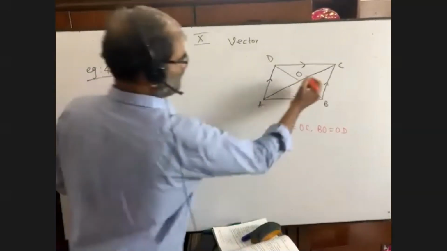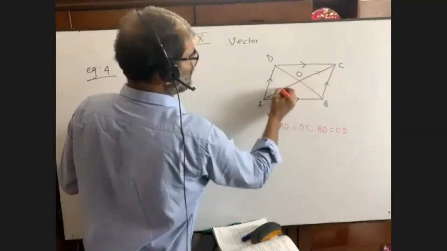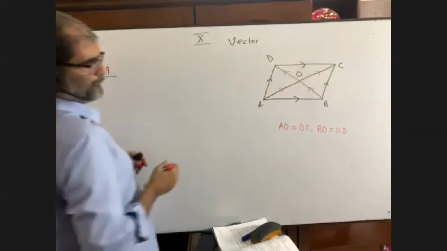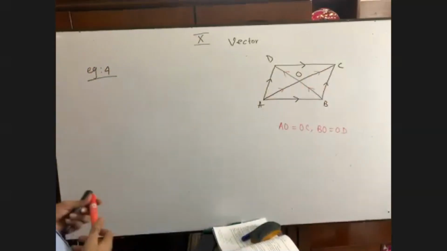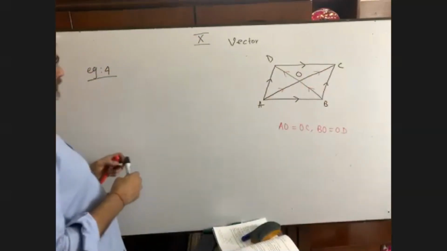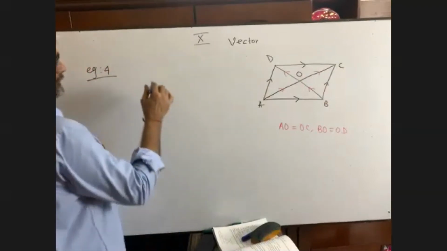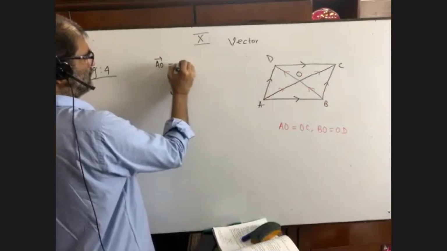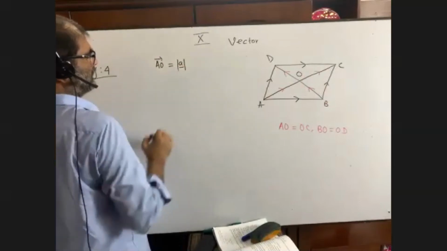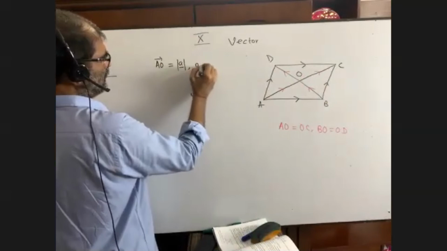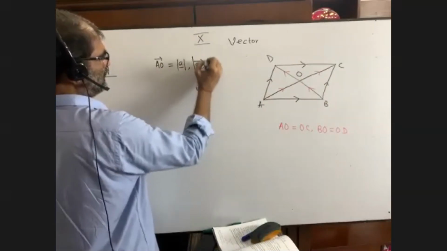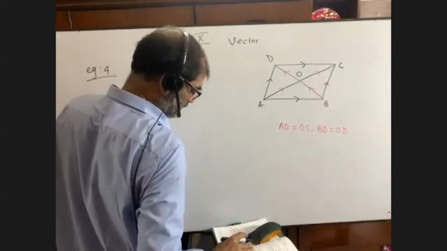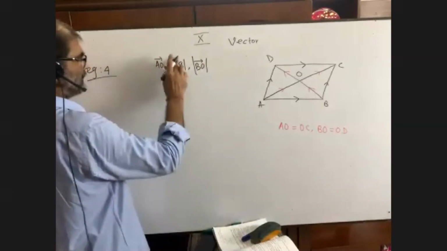Now the vector sign like this. Okay. What we can do? Suppose we let AO is equal to A. Then BO, or they have not given here this sign.